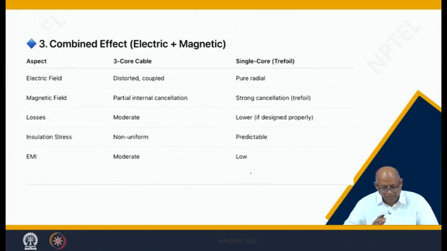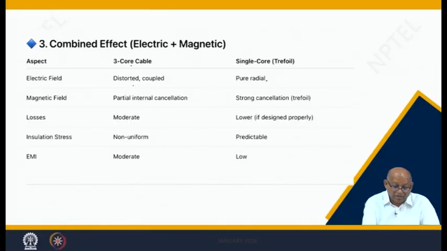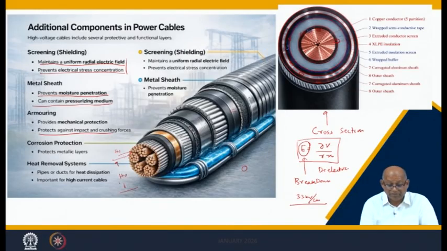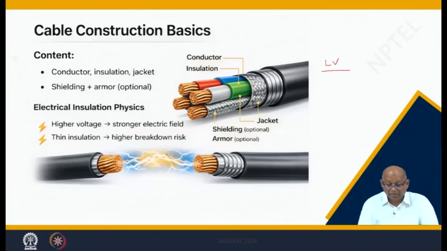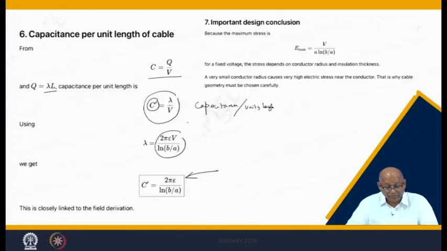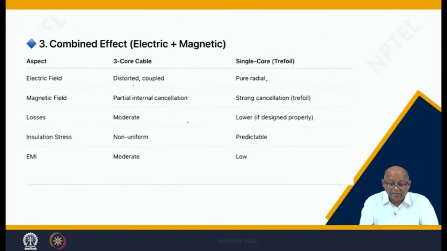The magnetic field is not so important because it does not create much interference, but we should still consider it. The electric field is distorted in a 3-core cable, whereas in a single core it is radial. In a 3-phase cable, because of the three voltages, the field is distorted and coupled. In the magnetic field the three currents cancel each other.